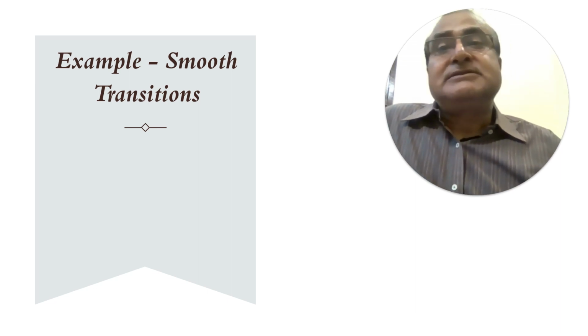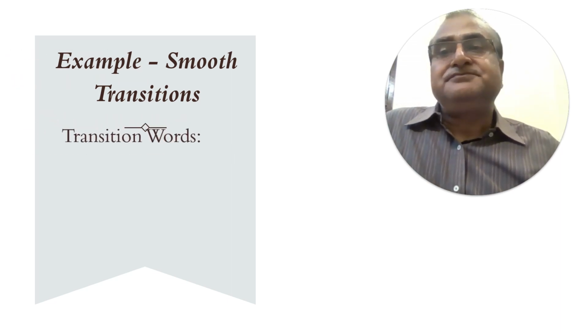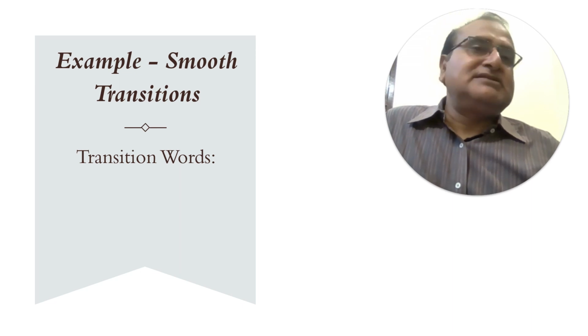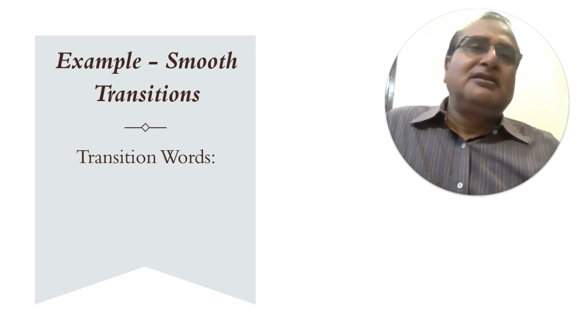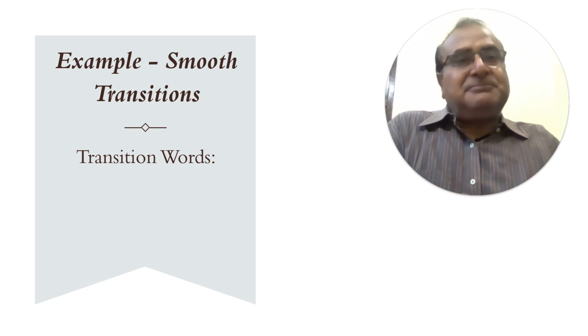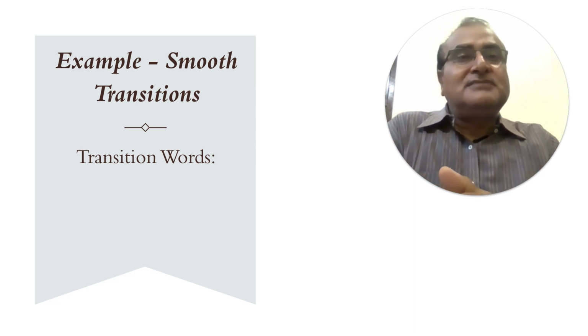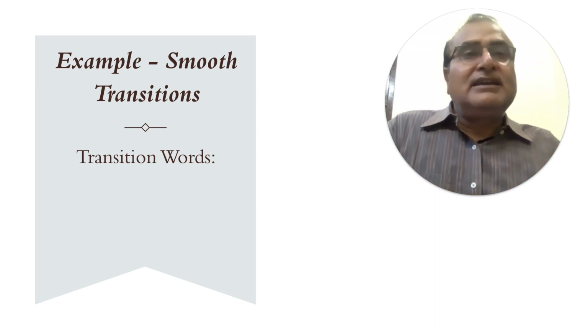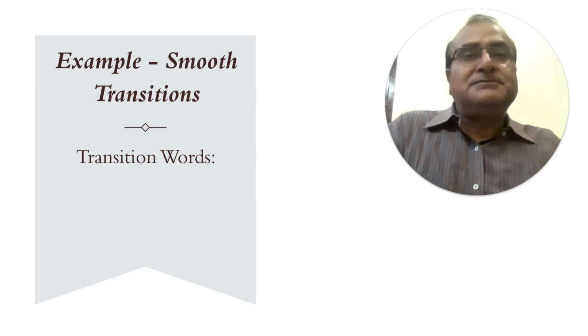Now see examples. Smooth transitions. Transition words, for example. You may first imagine words for transition. You may make them flow, and it will make your sentences appear flawless and with flow.